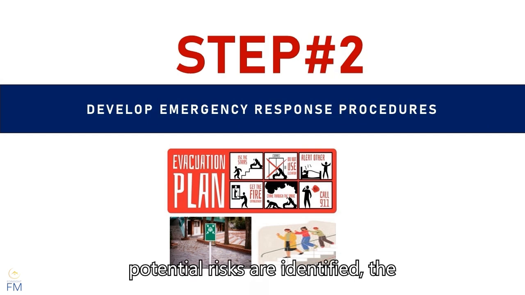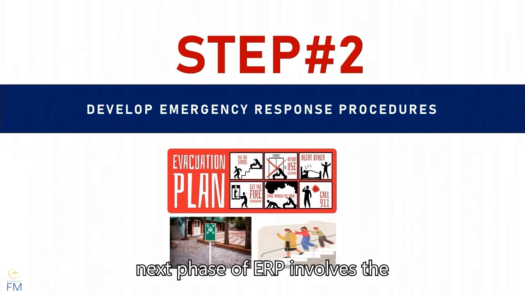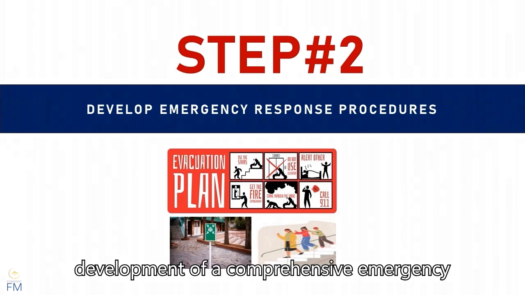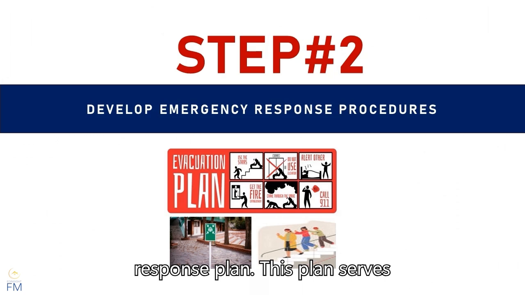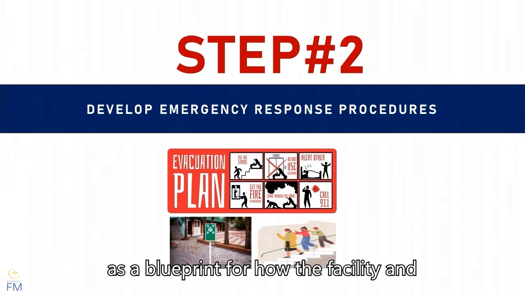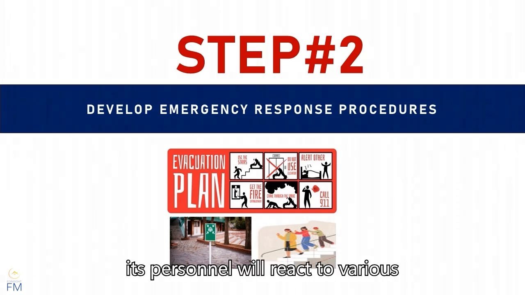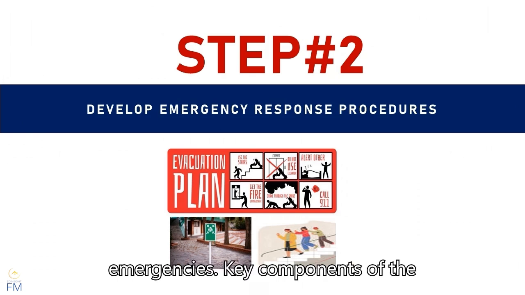Once potential risks are identified, the next phase of ERP involves the development of a comprehensive emergency response plan. This plan serves as a blueprint for how the facility and its personnel will react to various emergencies.